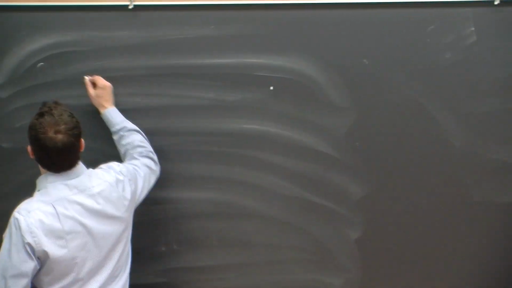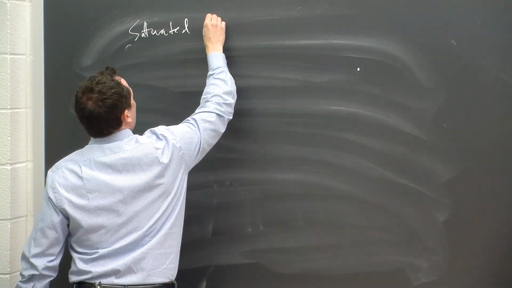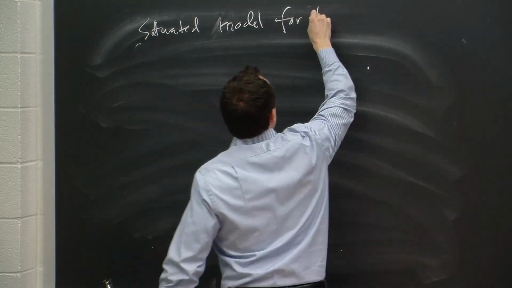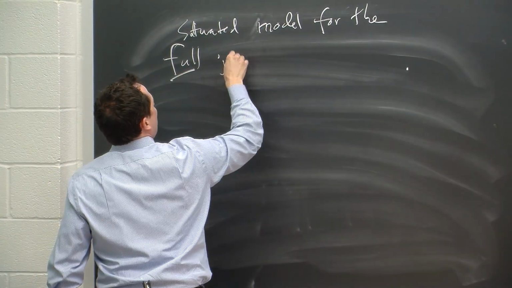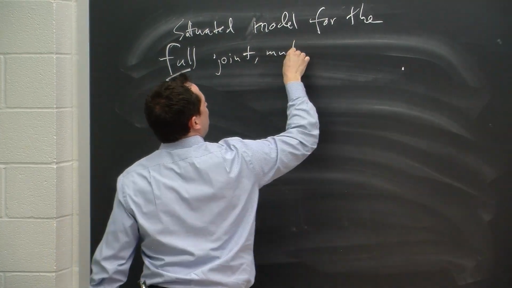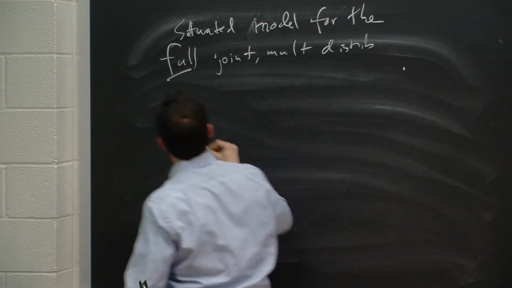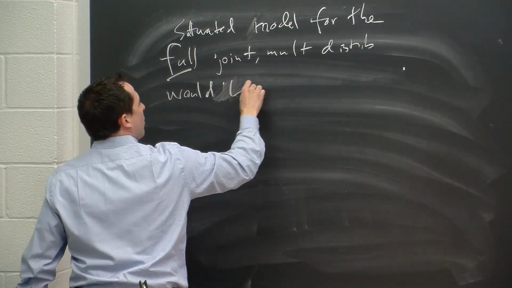The saturated model for the full joint multinomial distribution would have how many degrees of freedom?